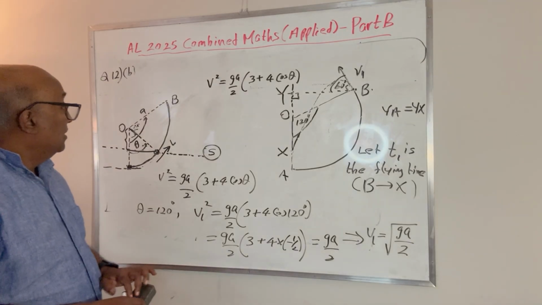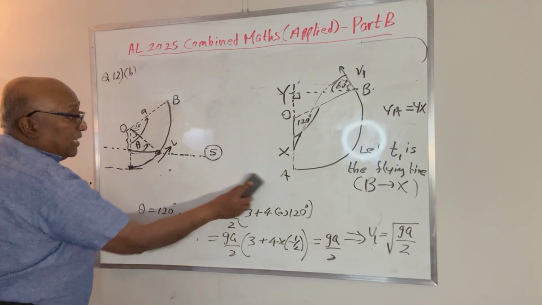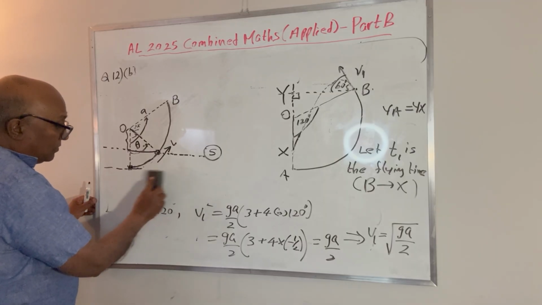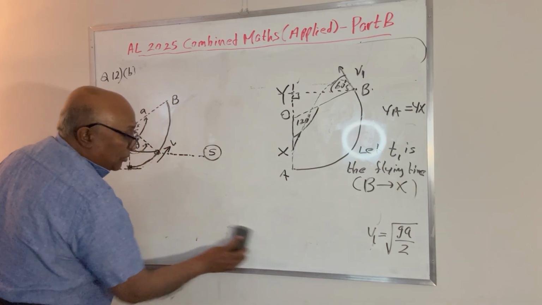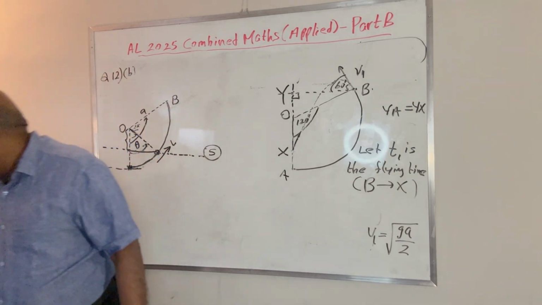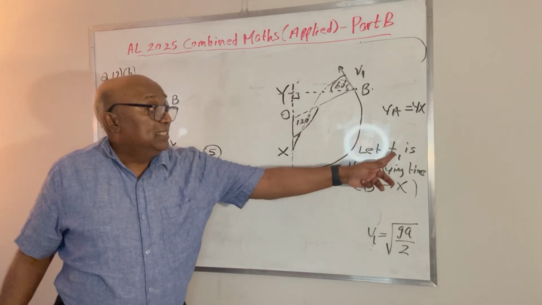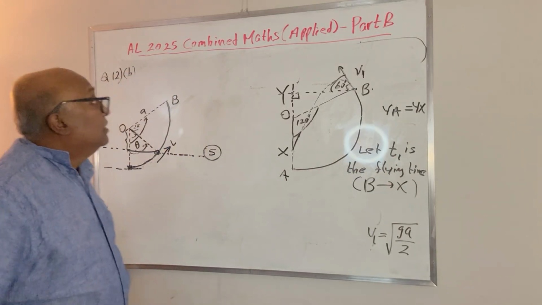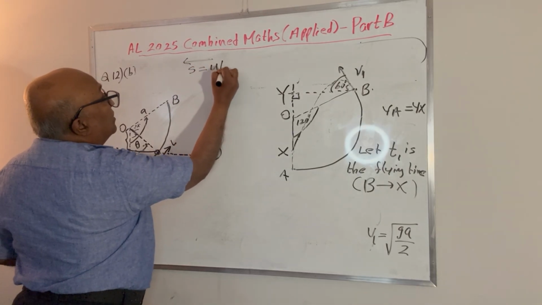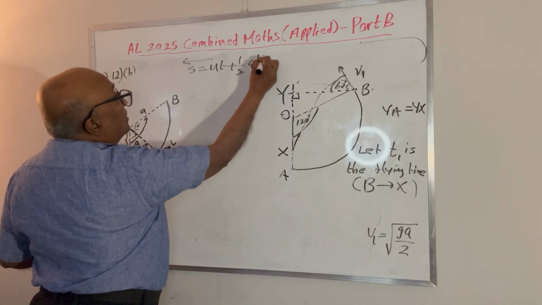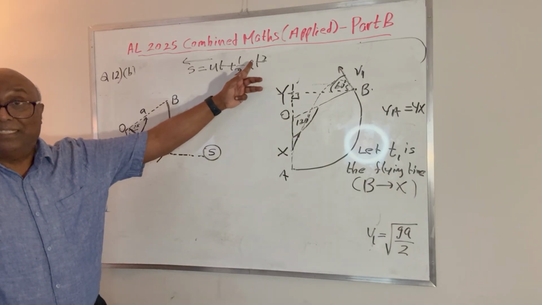Now we have enough information to find this projectile motion. As I have a lack of space, I have to erase everything. Now this is the initial velocity of the projectile motion, V1. Let's find the time of flight. We use our standard equation s equals ut plus half at squared. Some people simply say s equals ut as there is no horizontal acceleration.